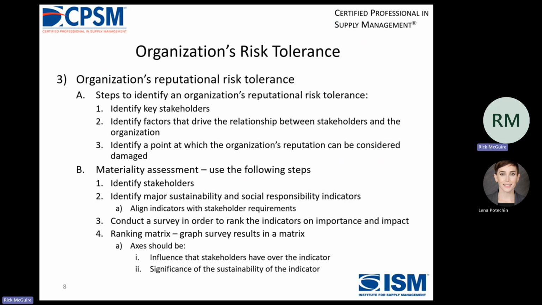And material assessment: identify stakeholders, major sustainability and social responsibility indicators, align the indicators, conduct a survey, then a ranking matrix. So you want to do like influence the stakeholders have over one indicator on the X maybe, and significance of the sustainability indicator on the Y.